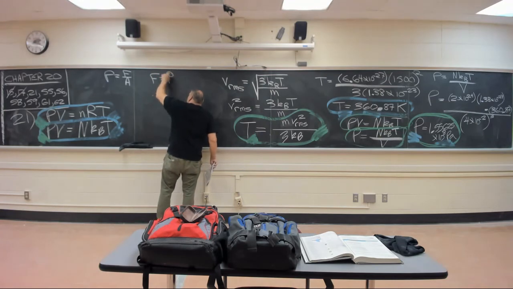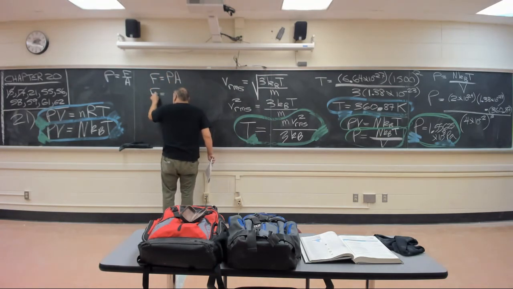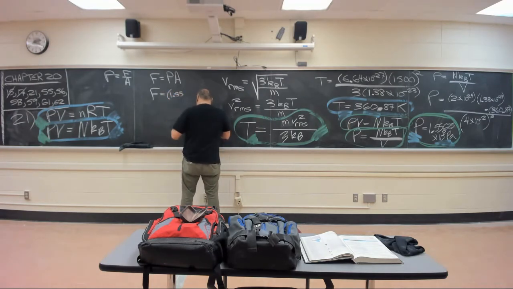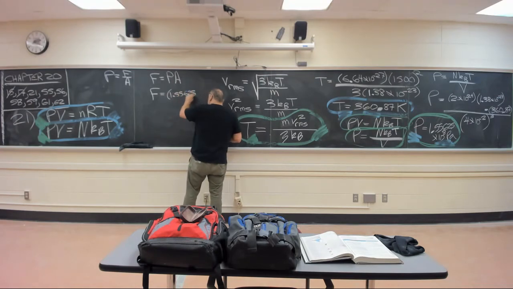Force equals pressure times area. Force on a wall, on one of the walls, is the pressure, which is 1.55625 times 10 to the 8.